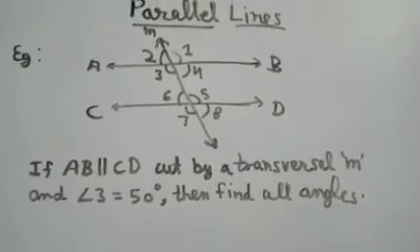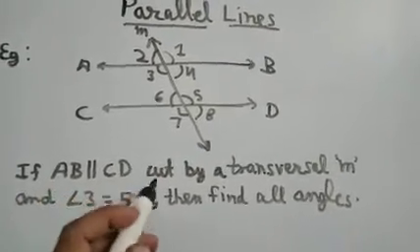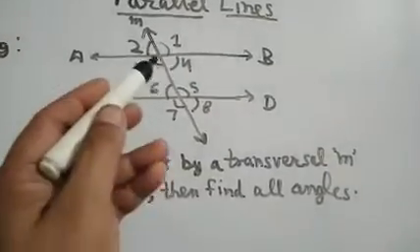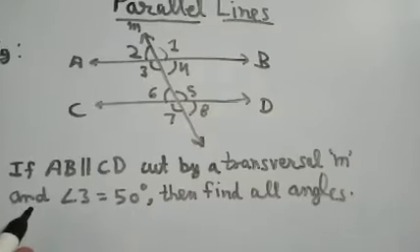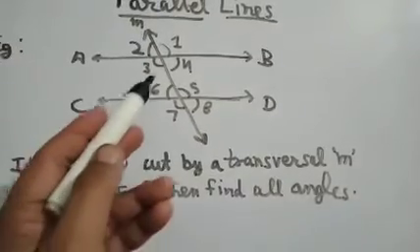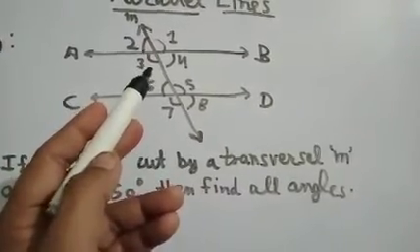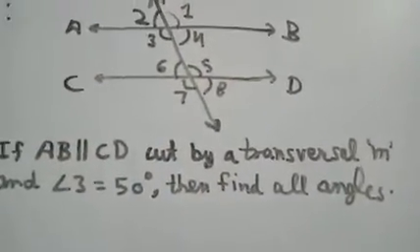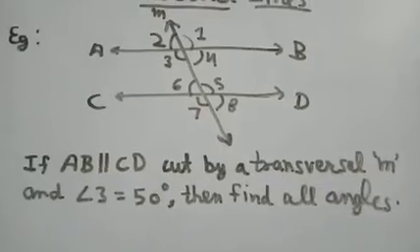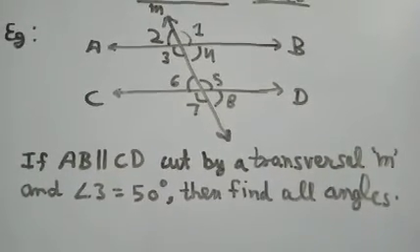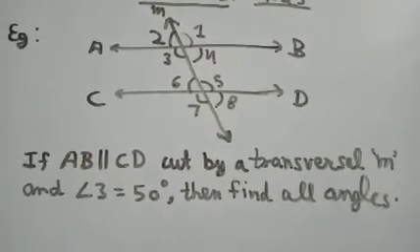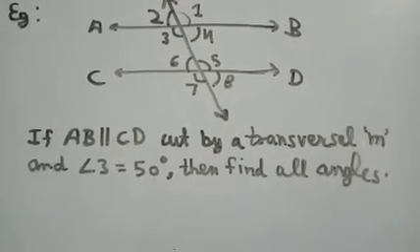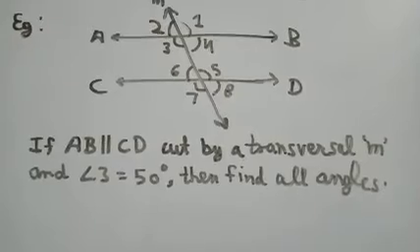If AB is parallel to CD, cut by a transversal M at 2 points, and angle 3 is equal to 50 degree, find the remaining angles. So this is your question, and I am going to tell you the proper way of this solution to find the remaining angles.